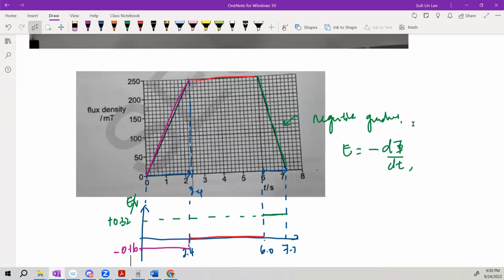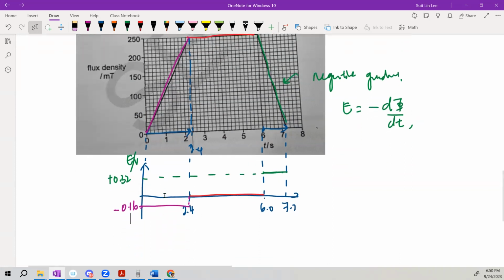It's also totally fine to draw positive 0.16 and negative 0.32, as long as the sign for the purple section and the green section is not the same. Okay, so it's normal in all questions for them to double the gradient or half the gradient. So it makes the calculation a bit easier, but in real life, it may not be the case.